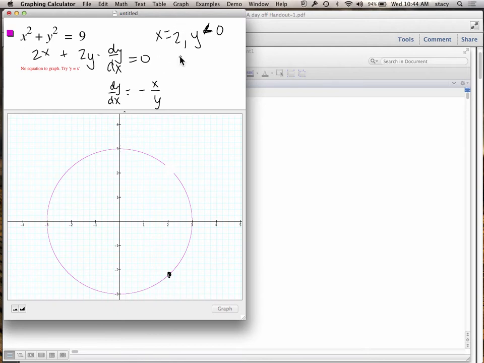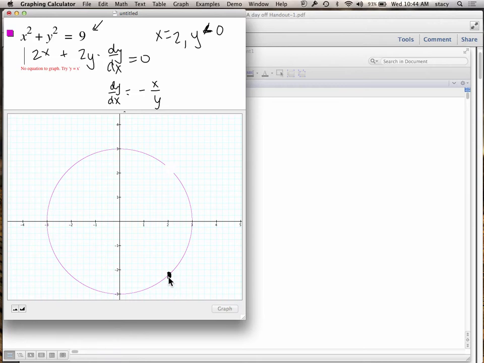So I have an x value to plug in, but I still need a y value. How do I get the y value? Plug my x into the original equation. I want to know the y coordinate of this ordered pair.